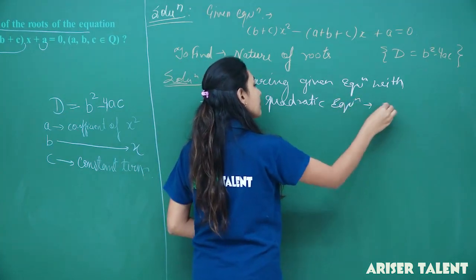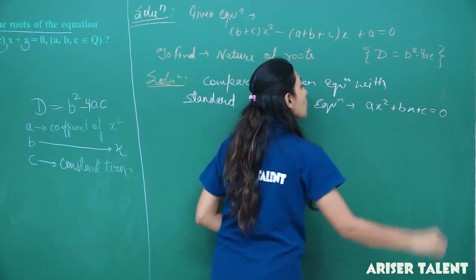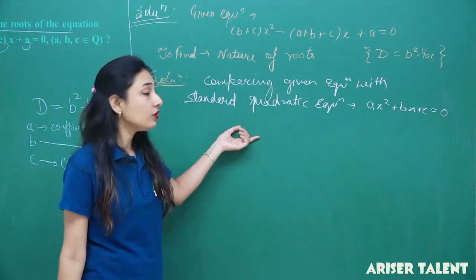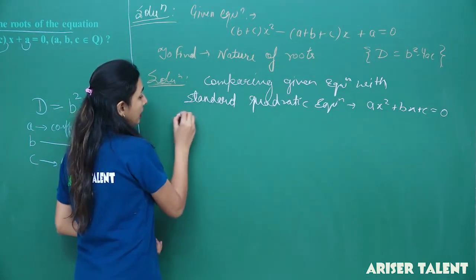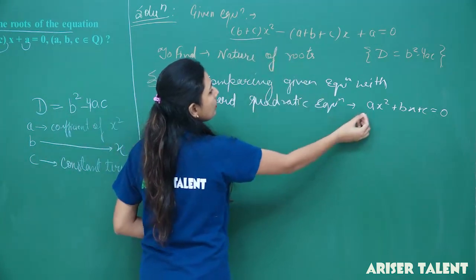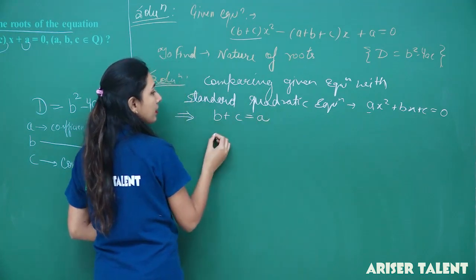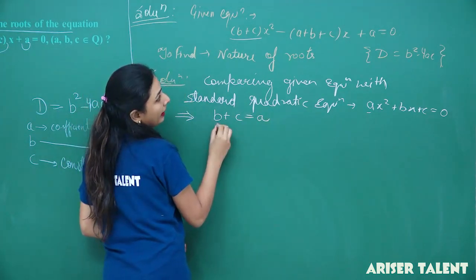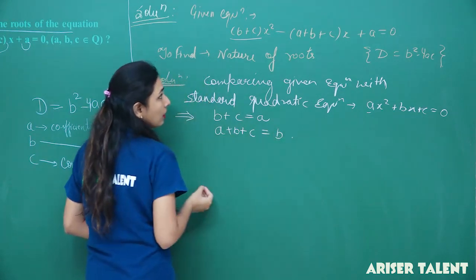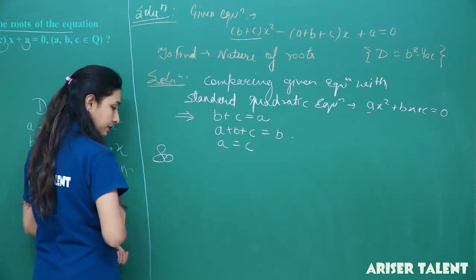And what's that? ax square plus bx plus c equals to 0. Right or wrong? Right. So just put the values. So what will you know by comparing this with this? So b plus c equals to a, right? Then a plus b plus c equals to b and a equals to c.